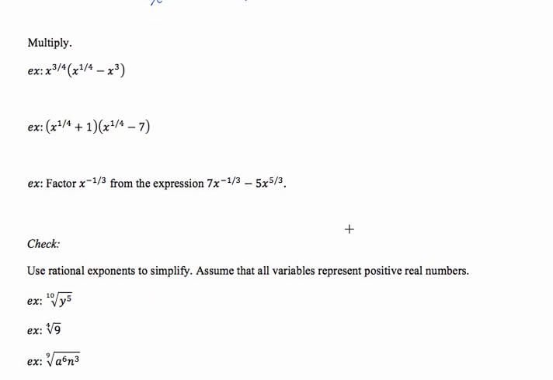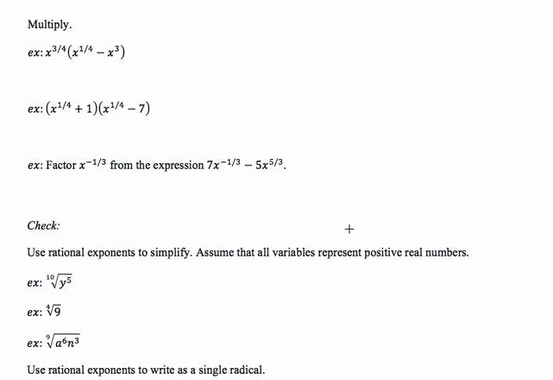Okay, let's practice using everything we've learned and putting it together with other things that you already have learned. So try these on your own first, of course. So let's multiply this together. X to the 3/4 times x to the 1/4 minus 3. Now you know, if you have something out front of parentheses, you have to distribute it over that plus or minus on the inside of the parentheses.